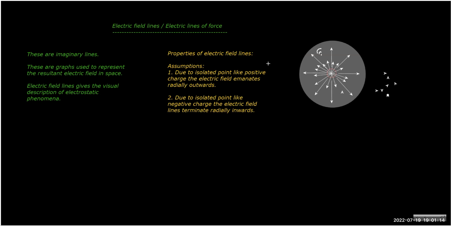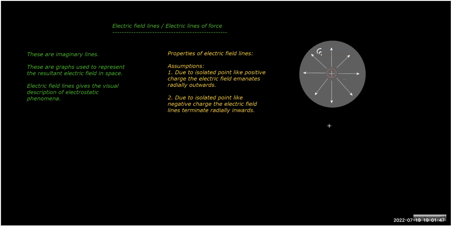So it's three-dimensional, not two-dimensional. But everything that we are going to plot on paper, we will confine ourselves to the two-dimensional idea. Keep in mind it's three-dimensional. So for a positive point-like charge, the lines of force will emanate radially outward.